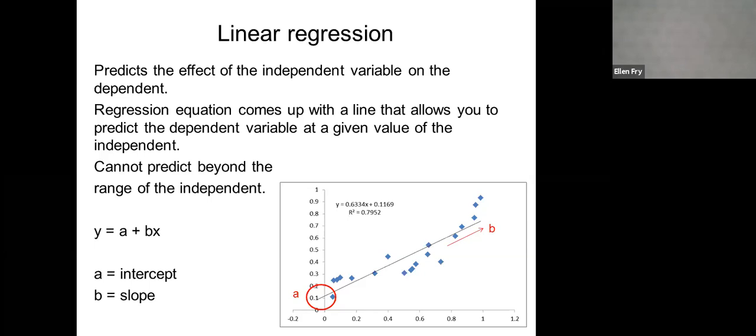And the slope is 0.6334. If the independent variable increases by 1 point, so if we move from left to right by 1, then we should have gone up by 0.6334.